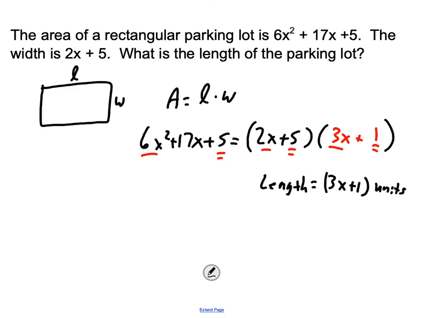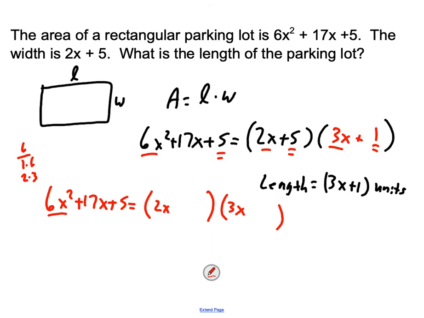If that's confusing to you, you could also do it this way. Just go ahead and factor it yourself. Forget that they even gave you the width if you like that. You can think what times what gives you 6x squared, and so you know it has to be a 1 and 6 or a 2 and a 3. And again, I like to start off with a non-1 there, so I'm going to start off with 2 and 3.